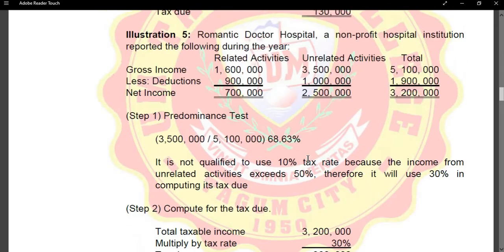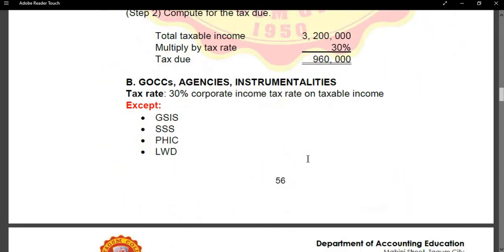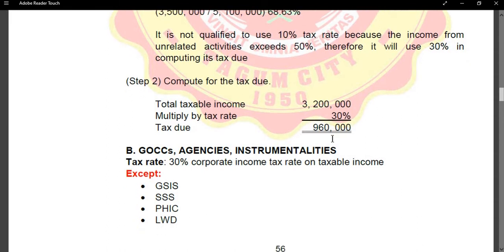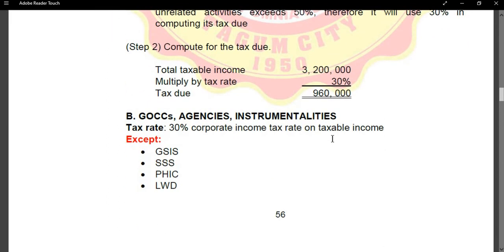So the tax due of Romantic Doctor Hospital is 960,000 pesos.